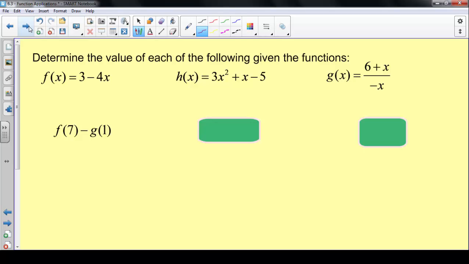So same idea here. The big difference with this first one is that we have to find f of 7 and g of 1. The easiest way to do this is to do them separately and then do the subtraction once you have the numbers for each one. So let's start by looking at f of 7 is 3 minus 4 times 7, because remember f is this one right here.